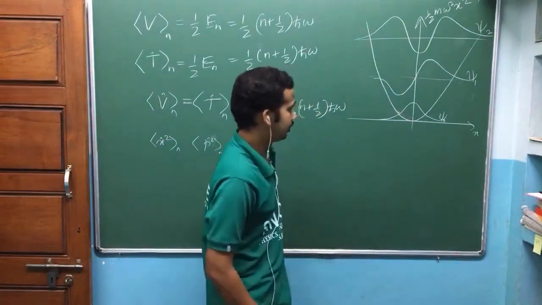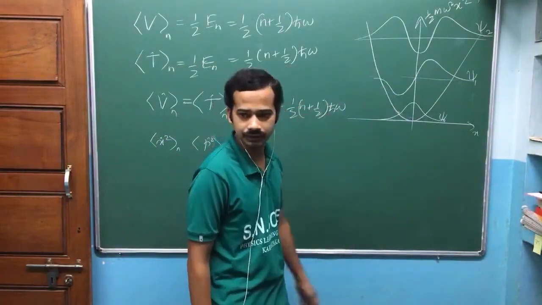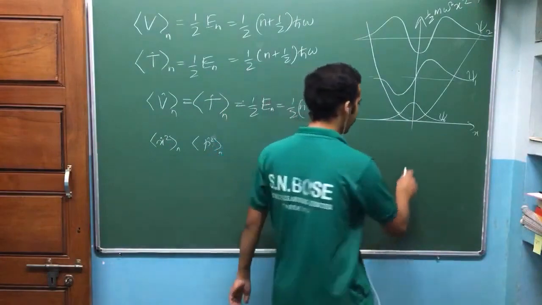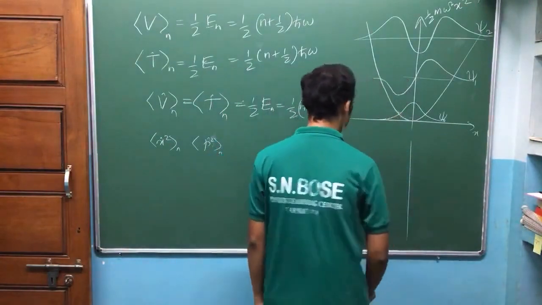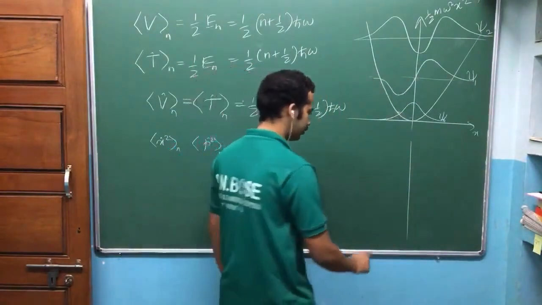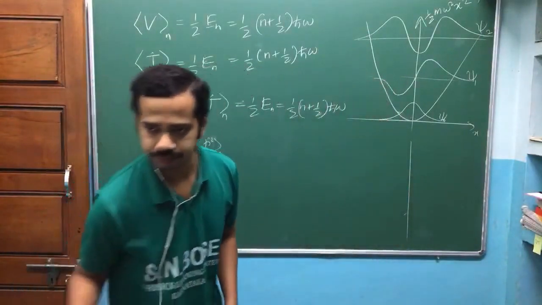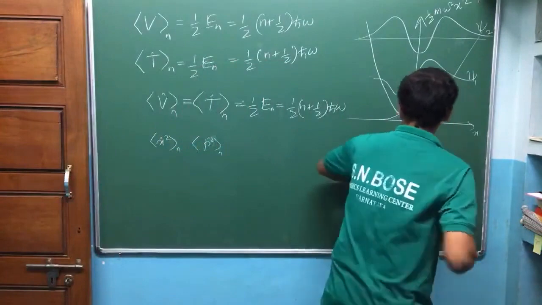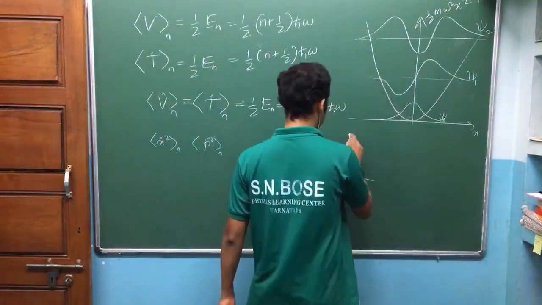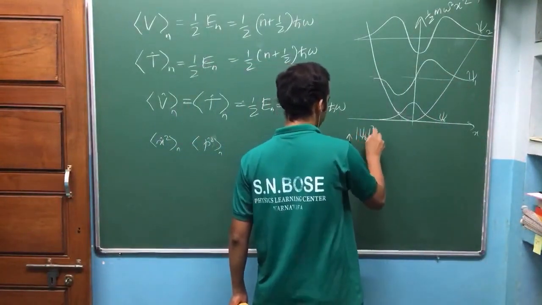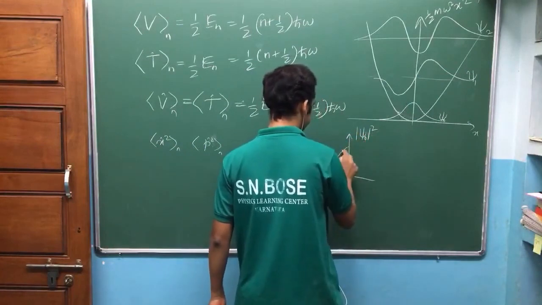Now look at here, if you take mod square of this, I can just draw them. Mod psi naught square is again Gaussian, mod square is Gaussian only. If I just draw them, mod psi naught square will be like this only.